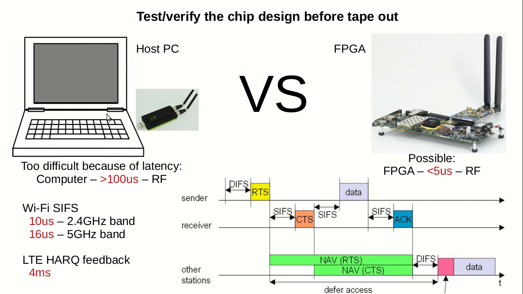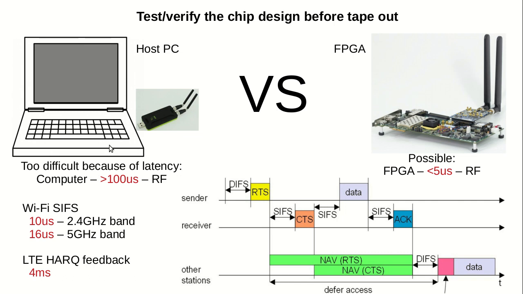On the left, there's a host PC, and you use the RF front end together with the host PC. That's the very popular software defined radio architecture. On the right, you can choose an FPGA board and connect the FPGA board with a front-end board. In that case, the FPGA can access IQ samples, or the signal from the antenna, very fast.